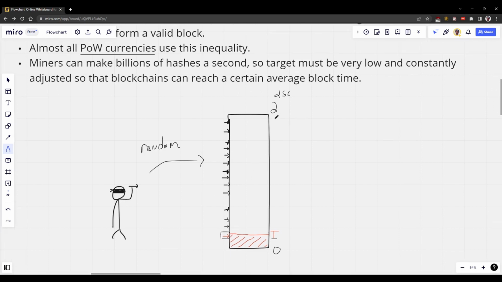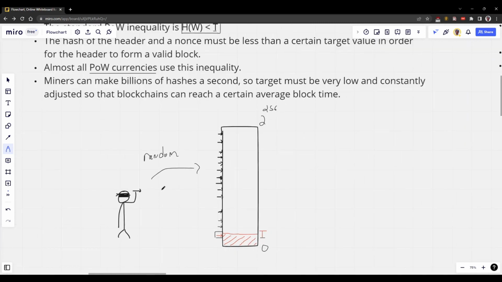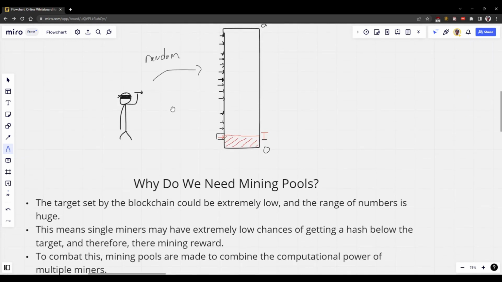You can also see that the range of values is huge. 2 to the 256 is a ginormous number. And the target is exceedingly low, so your probability of getting a block is also exceedingly low, at least on your own. This shows you why mining pools are needed.